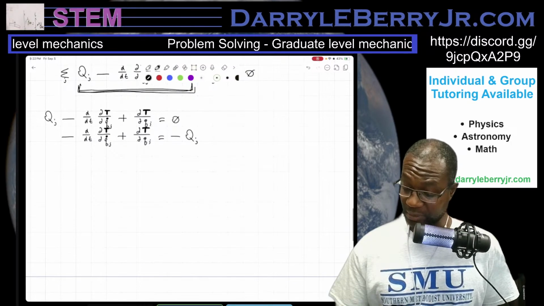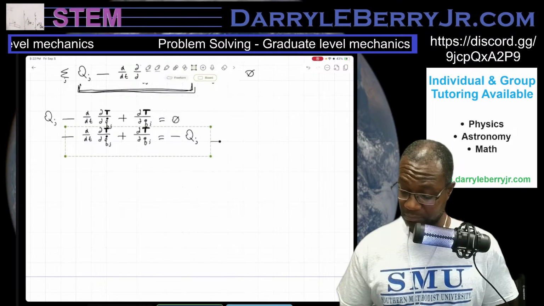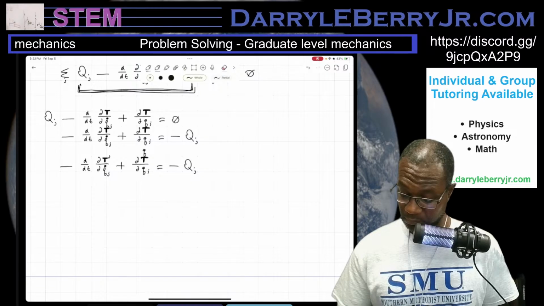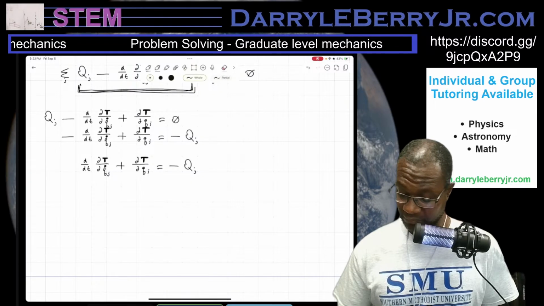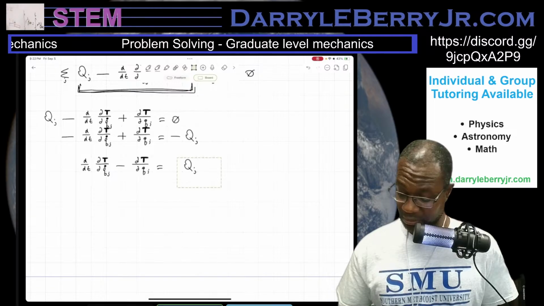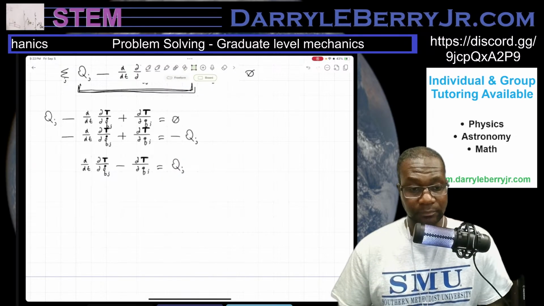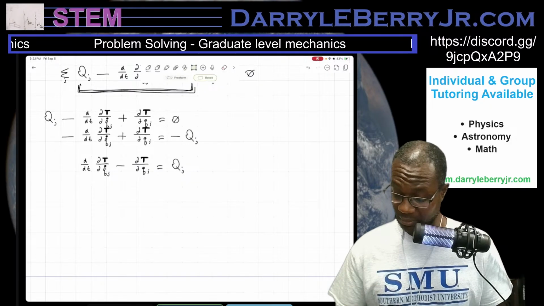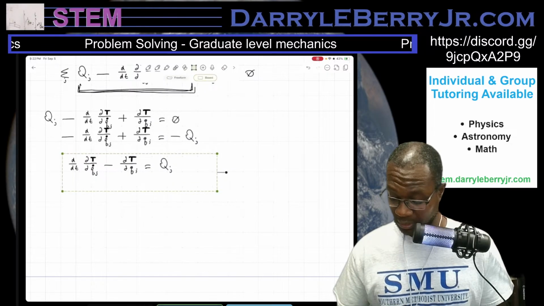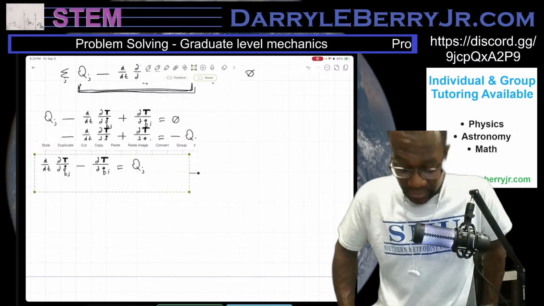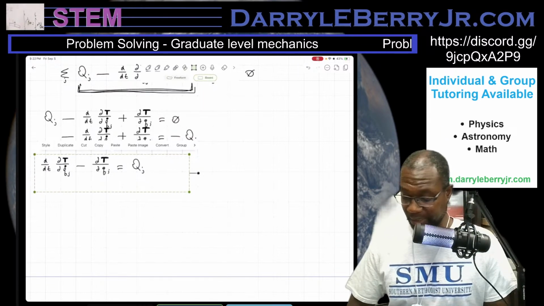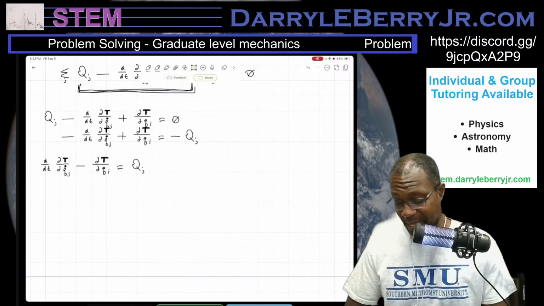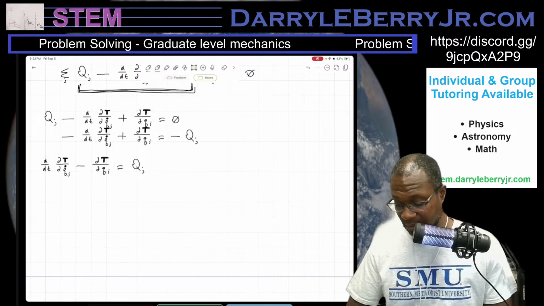If I multiply everything by -1, I have a positive here, a negative there, a positive there, and we look like that. Now, this is actually one step removed from the Lagrangian. What I can do here is input the potential, but it's an extra step that we don't need here. But we're almost at the full Lagrangian equation.